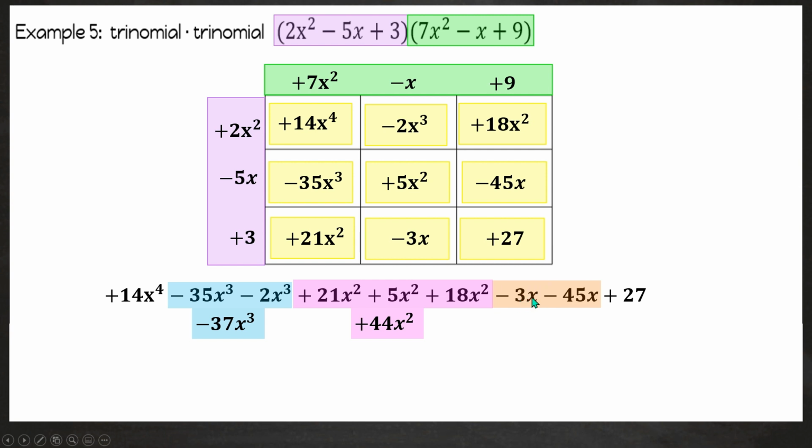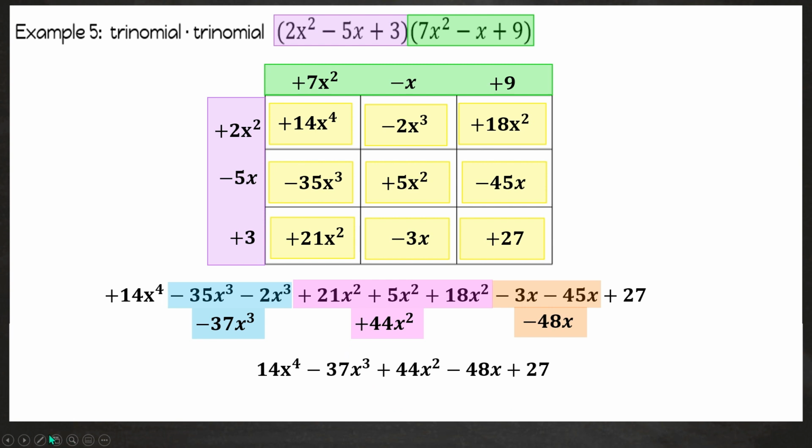Then we have our negative 3x minus 45x. That becomes negative 48x. Of course, we have our first term and we have our last term. There's nothing to combine that with, so this is our final answer.